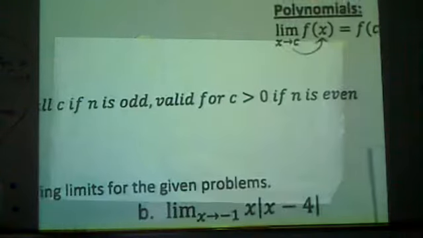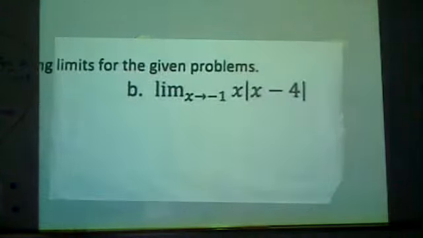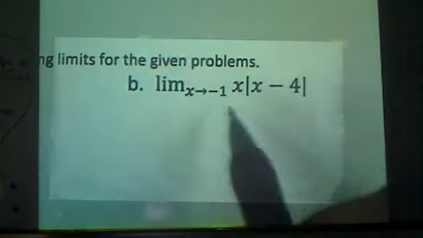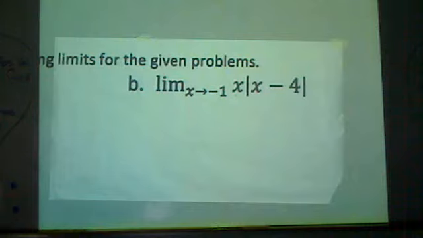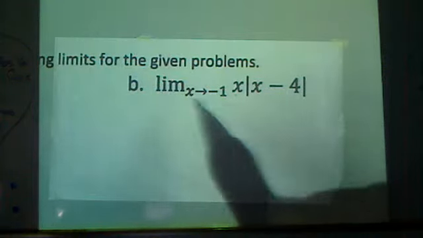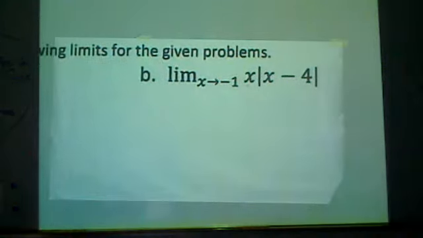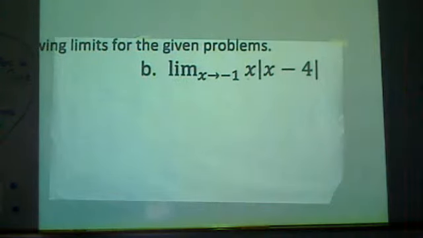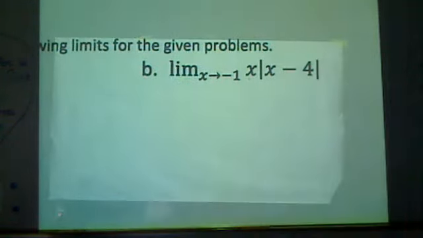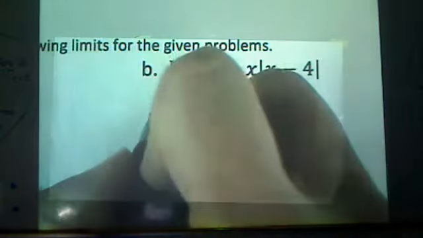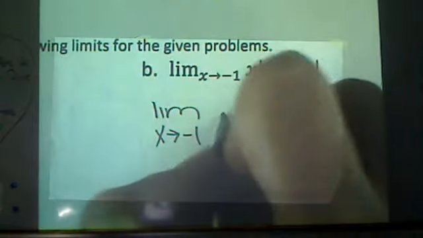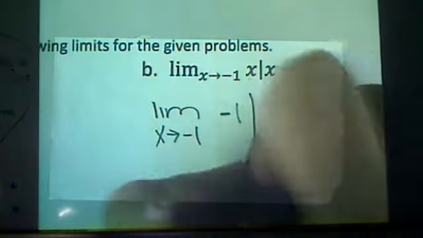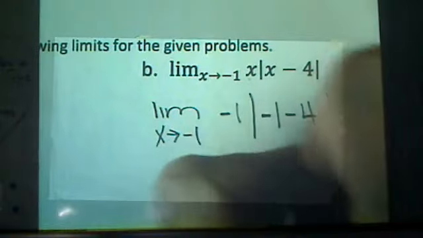Let's look at the next example. The limit as x approaches negative 1 of x times the absolute value of x minus 4. The domain of absolute values is all real numbers, so you're not going to get any holes or vertical asymptotes. Thus, you may directly plug your negative 1 in. So the limit as x approaches negative 1 is negative 1 times the absolute value of negative 1 minus 4.